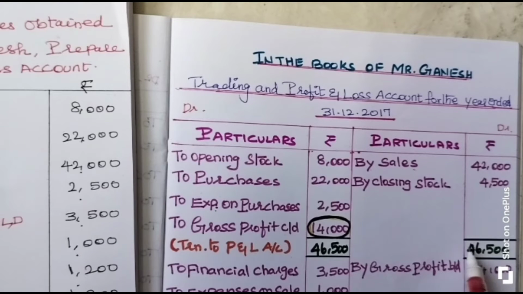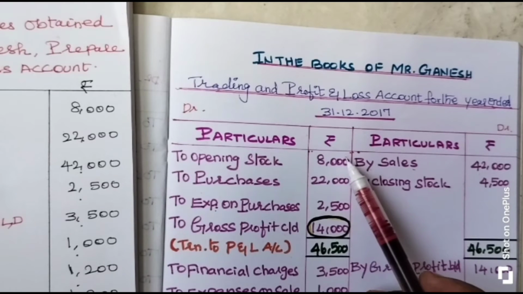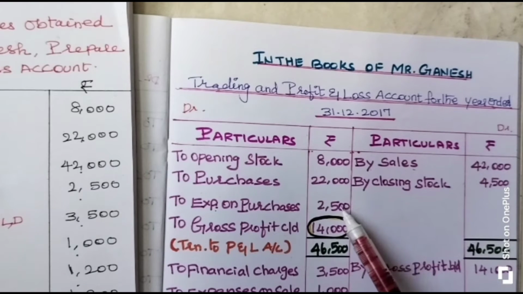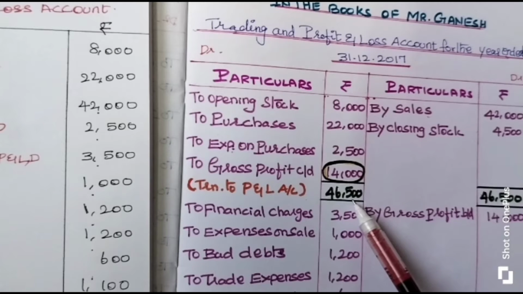We have to enter the total on both sides on the same horizontal line. We entered 46,500 on both sides. Then come to the credit side. We have to add the lesser values, that is 8,000 plus 22,000 plus 2,500. We will get 32,500. From 46,500 we have to subtract 32,500.